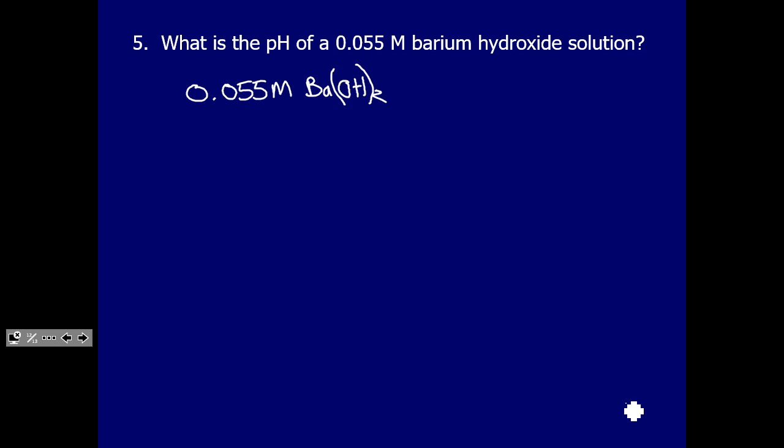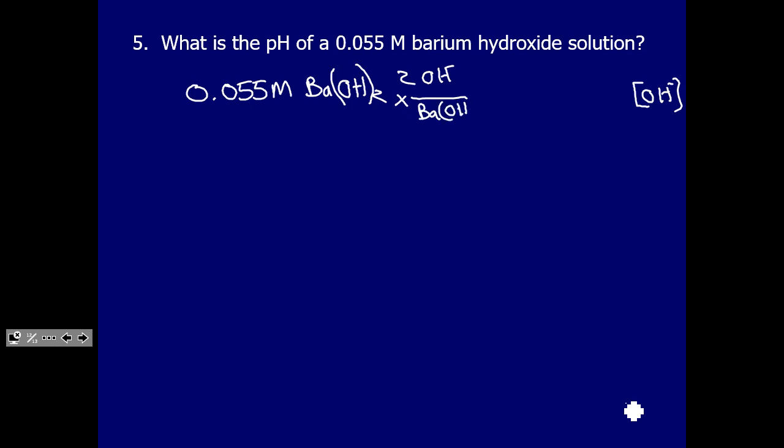So what do I have to do to get the concentration of OHs? I want to separate out the OHs. I did this yesterday as a little practice run. Yep. There are 2 OHs in each barium hydroxide.